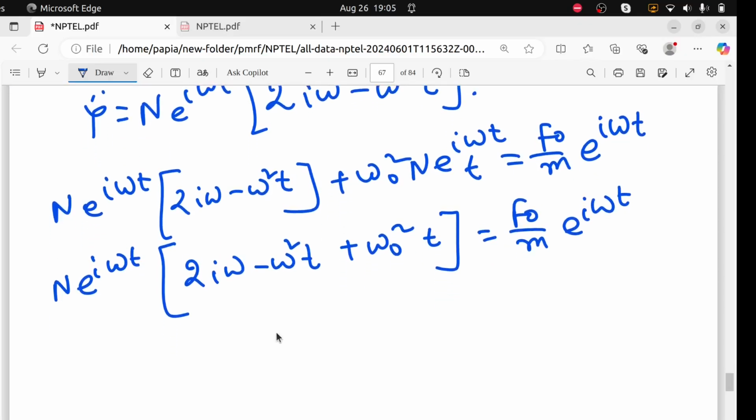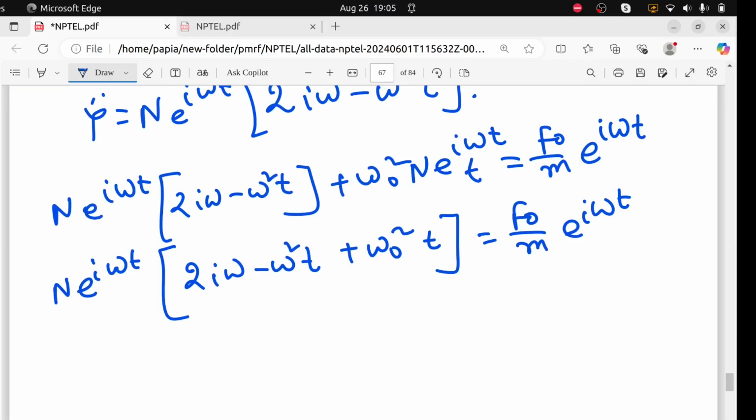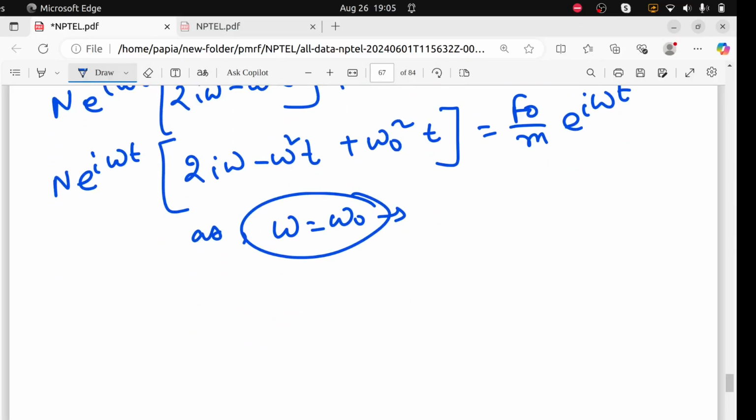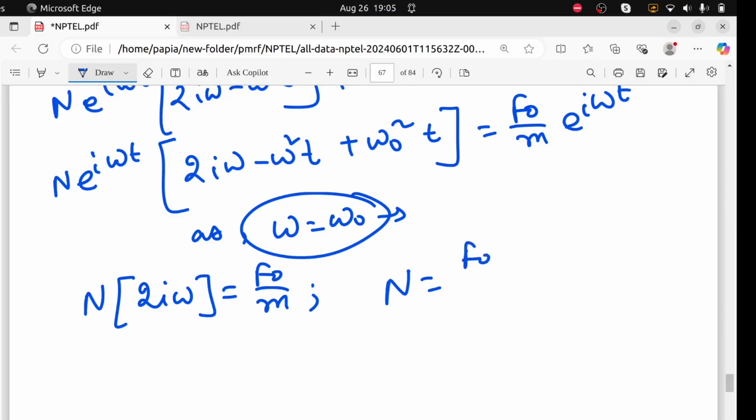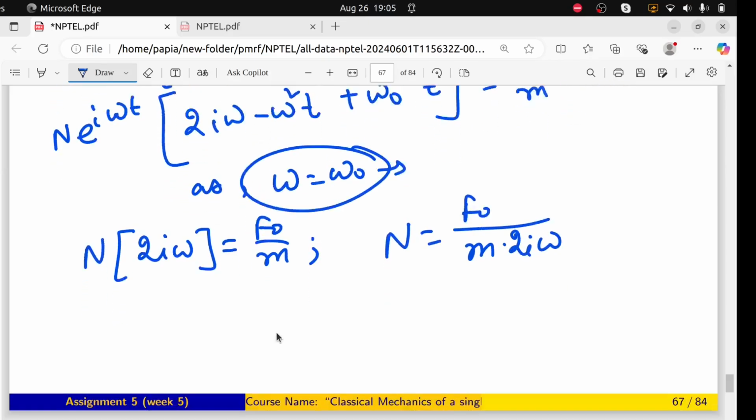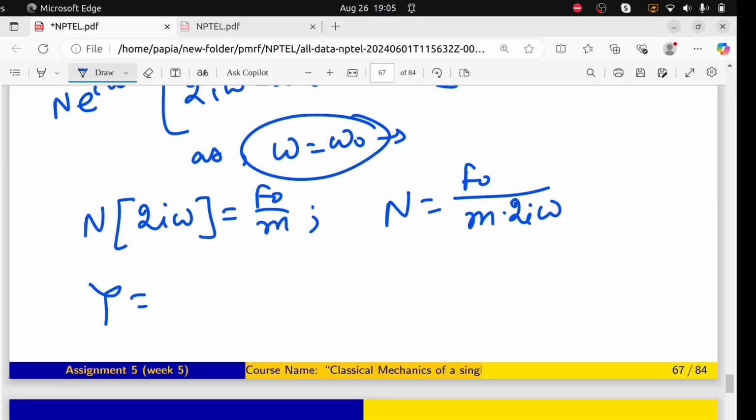So e to the power i omega t will cancel out, and as omega is omega 0, these two terms will cancel out. That means we are only left with 2 i omega n equals f0 by m. So n is f0 by 2 i omega m. Now what is y? y was t n e to the power i omega t.